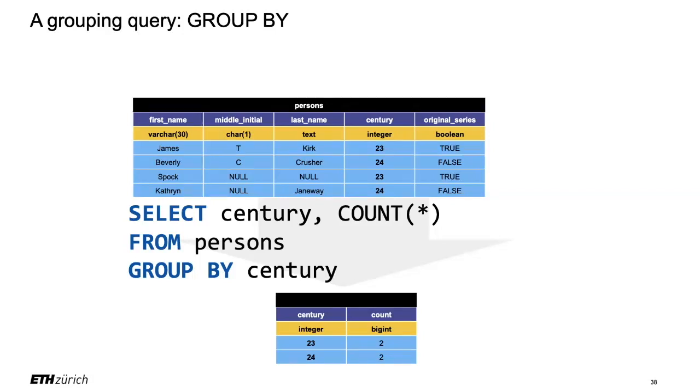Absolutely. So the question, which I'm repeating for the people on Zoom, is why this bigint in my results? Technically, this column with the counts is just popping out of nowhere, right? I'm just counting records and creating that new column with the number of records, like count star. There is indeed a default behavior, you're absolutely correct.